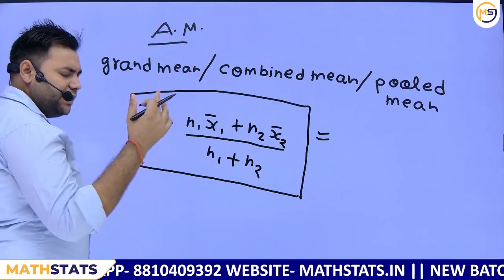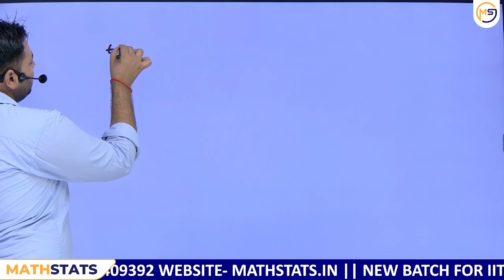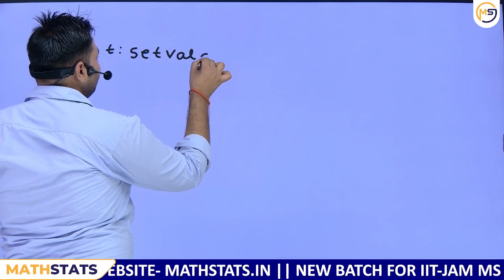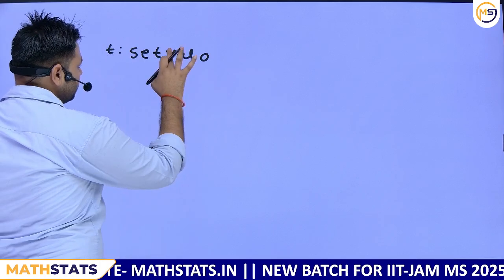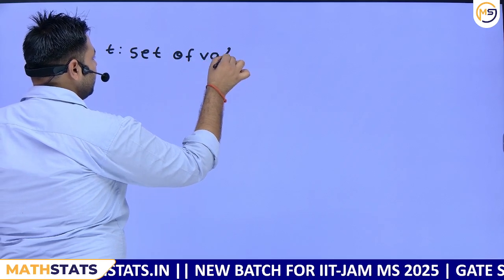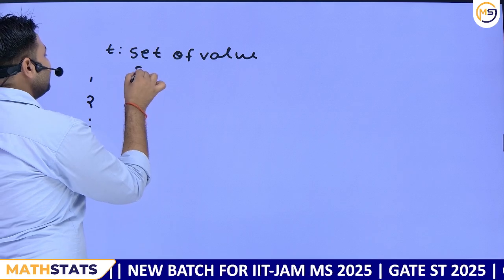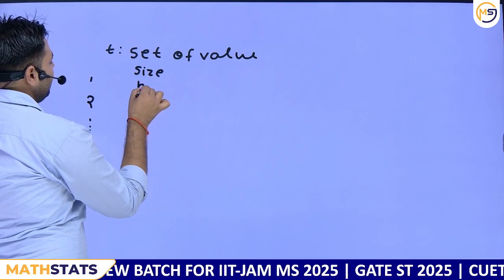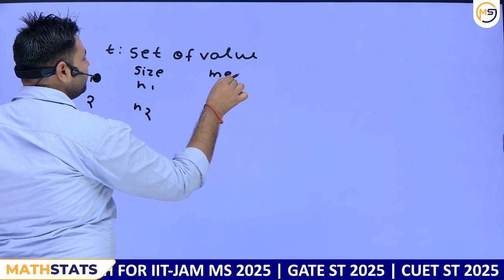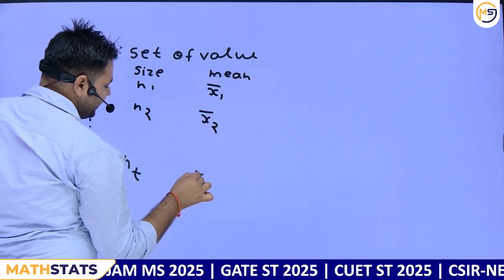Now suppose in general, we are talking about in general. Suppose we have t sets of values, like 1 to t, and their sizes are n1, n2, and nt, and respective means equal to x1 bar, x2 bar, and xt bar.